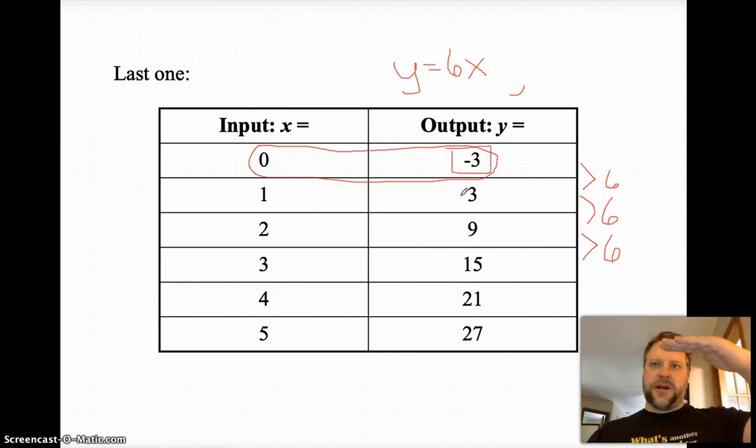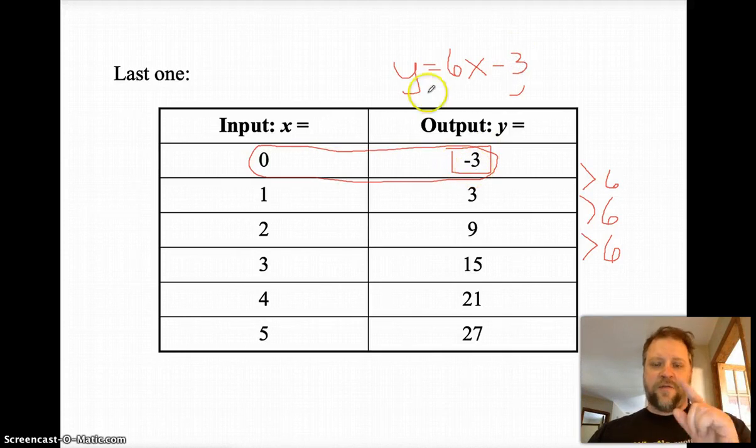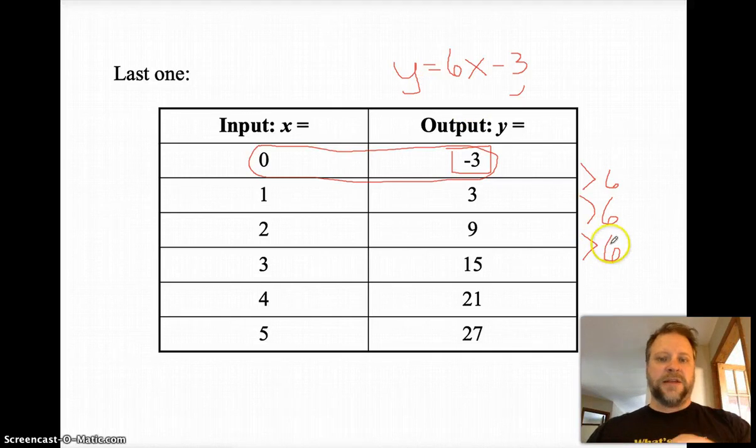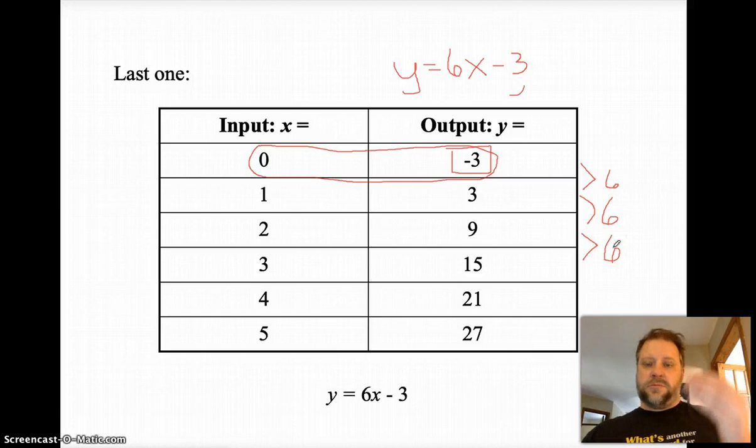That means I start at 0 and go down 3, which means I must be subtracting. Well, I can just take this number and put it on the end, because I know that I'm going to subtract 3 in order to get to that spot. So my full function is y equals 6x minus 3. And there it is, 6x minus 3.